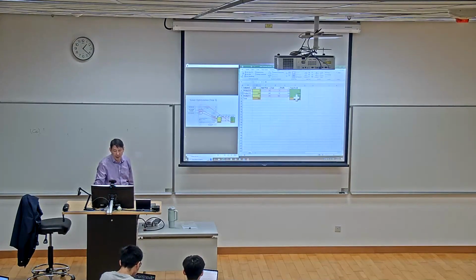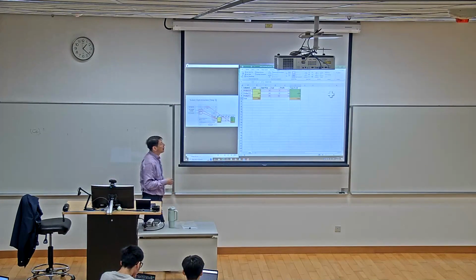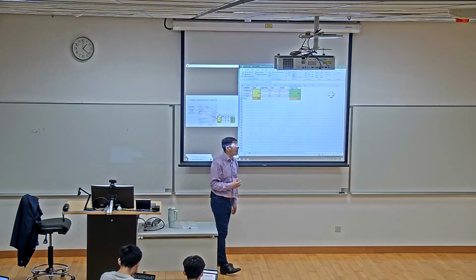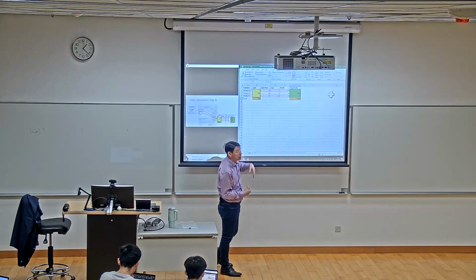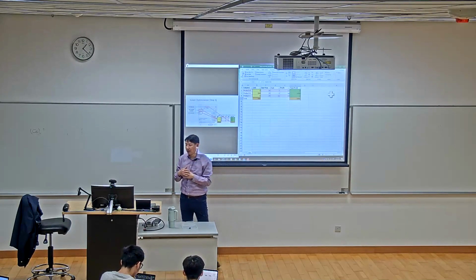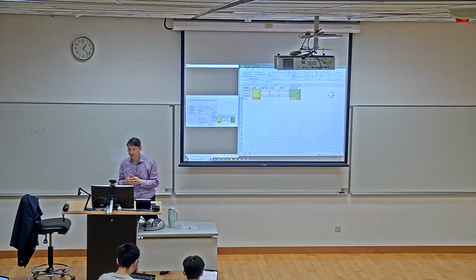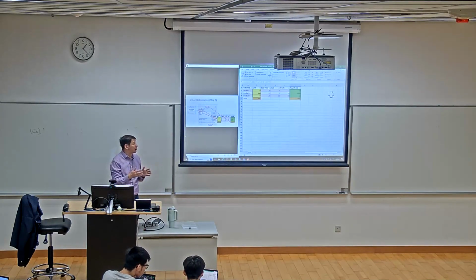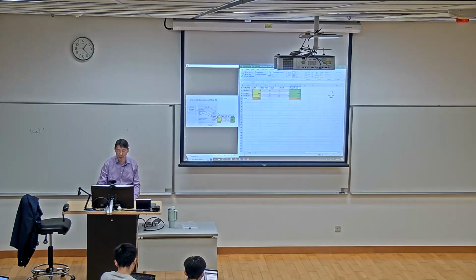I should be able to get the maximum profit for the company. So that's why at the beginning, I set up this simple example, because I will be able to double check the answer produced by the solver.